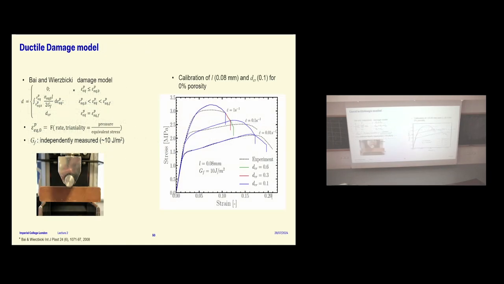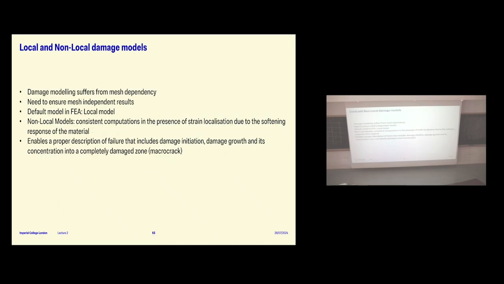Okay, there's a problem with these damage models: they suffer from mesh dependency. The idea for finite element analysis, remember I talked to you about Saturday, is that you split your geometry into smaller elements. You should have small enough elements, because it's a numerical approach, such that you get the correct answer.